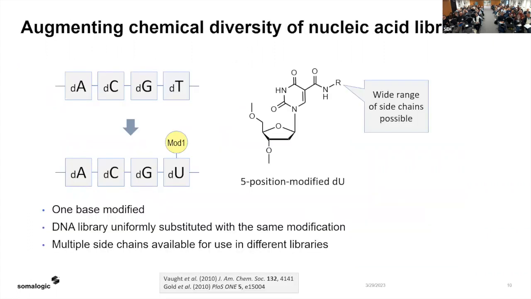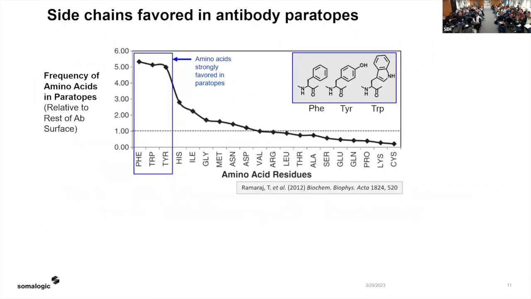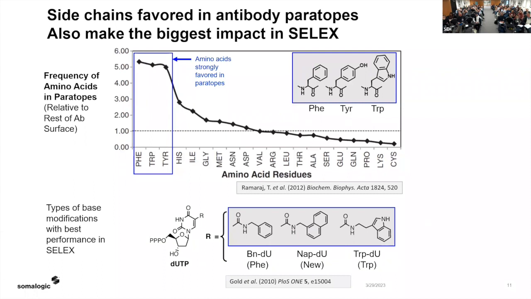And what we have done is found a point at which we can introduce modifications, at the 5 position of pyrimidines, away from the hydrogen bonding face of the base. It does turn out that some of the favorite amino acids that are much more prevalent in antibody paratopes as they engage protein epitopes are also giving us the best results in the context of nucleic acid-based ligands.